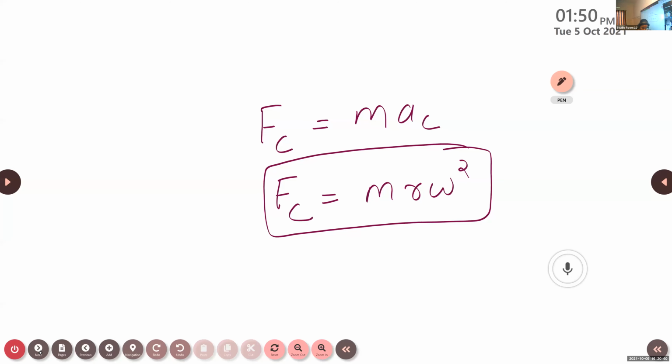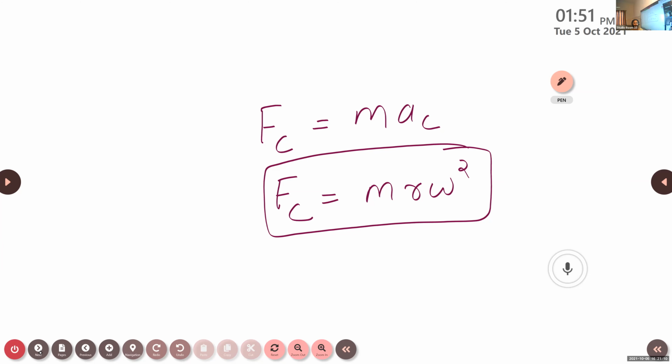Any doubt? This is the last topic of this lesson, centripetal force. Any doubt regarding this topic, centripetal force? In the textbook, it's a very small topic, uniform circular motion, but under this topic we discuss a lot of terms associated with uniform circular motion, starting with displacement, angular displacement, angular velocity, angular acceleration.